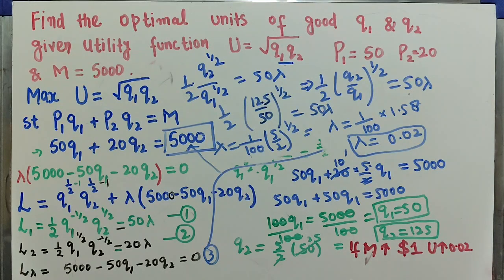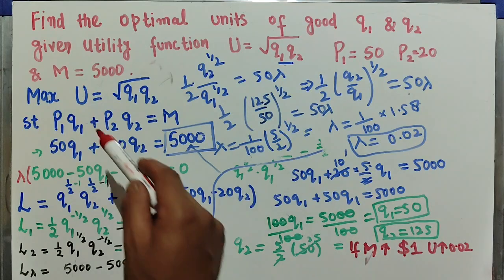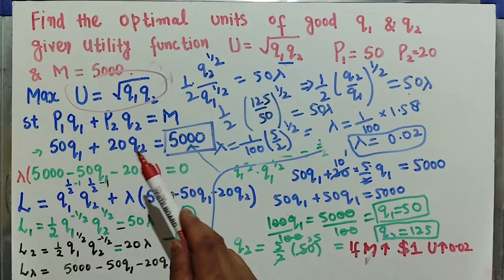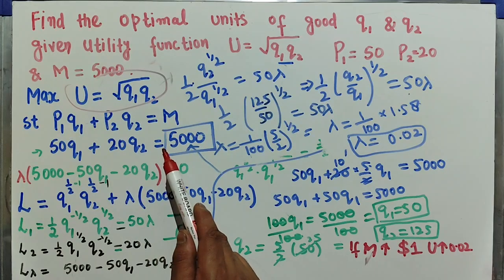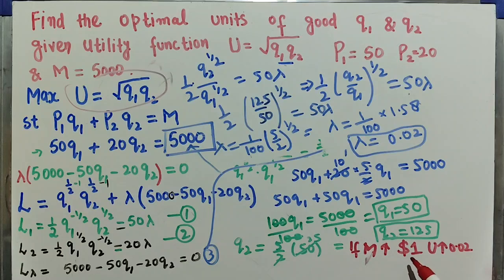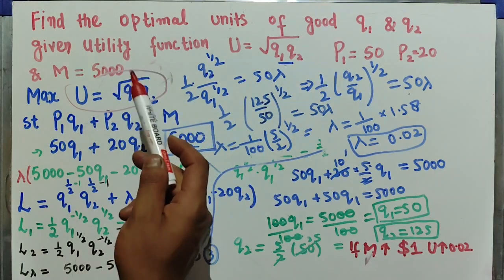Okay, so the essence or the meaning of the marginal utility of money, or the value of lambda, is that it tells us how our utility will change when there is a change in the constant of the constraint, that is the budget constraint. So here it means if income increases by $1, the utility of the consumer will increase by 0.02 utilities.